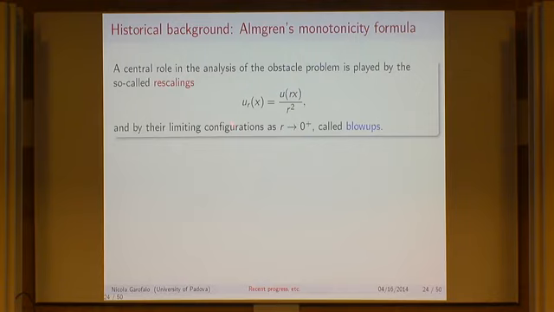One considers these rescalings, and following an idea of De Giorgi in the study of regularity of minimal surfaces, you blow up this function u at a given point, for instance the origin, and you study the limit configurations of this function. That limit configuration gives you information on the free boundary, and also about the optimal regularity of the solution.